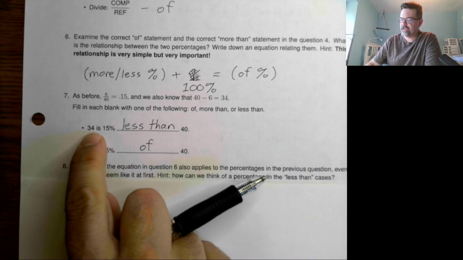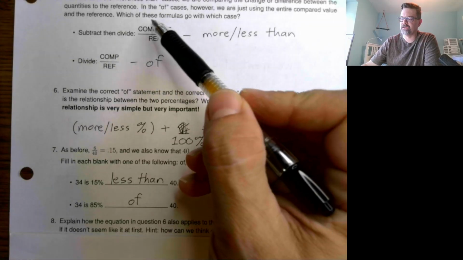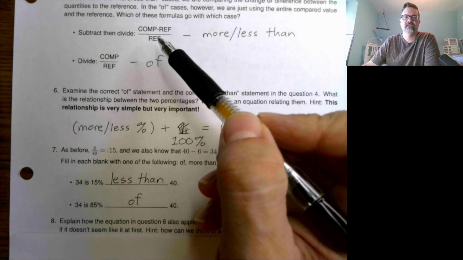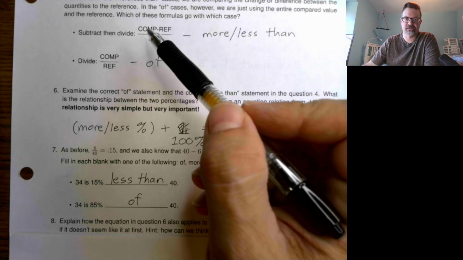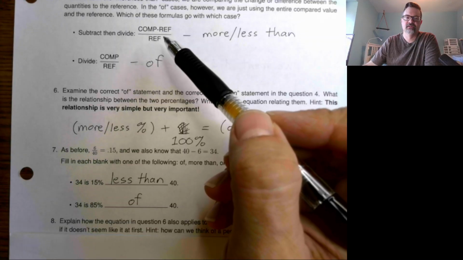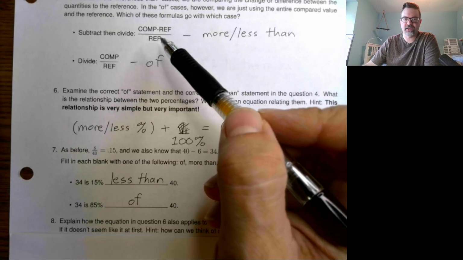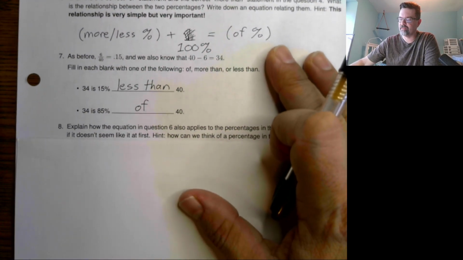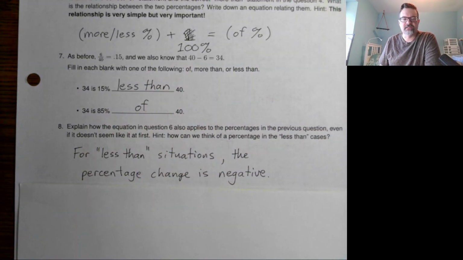So the way we think of these things instead, and this is what we saw too when we did these sorts of formulas, if you put 34 in for compared and 40 in for reference, if you do subtraction, this top thing comes out negative, and so your computation comes out negative. We can think of it as, in these less than situations, the percentage change is negative.